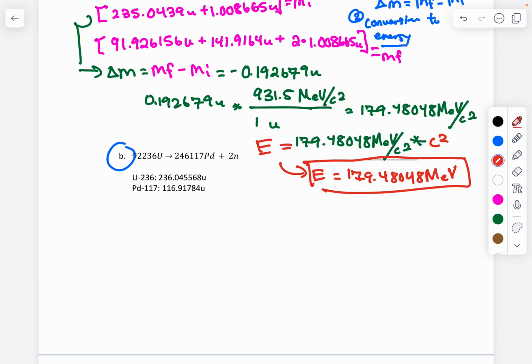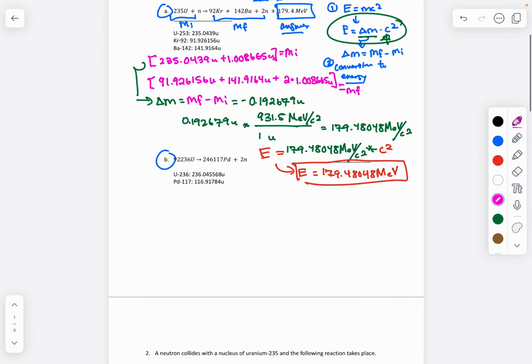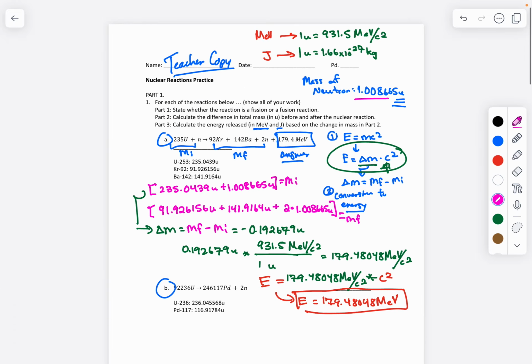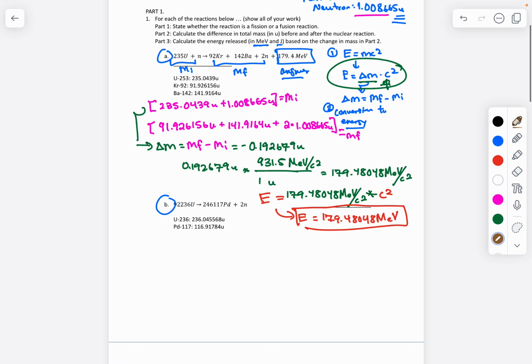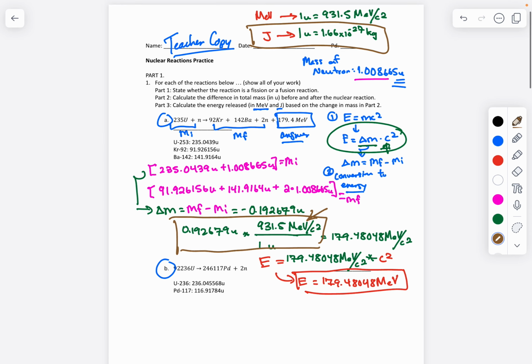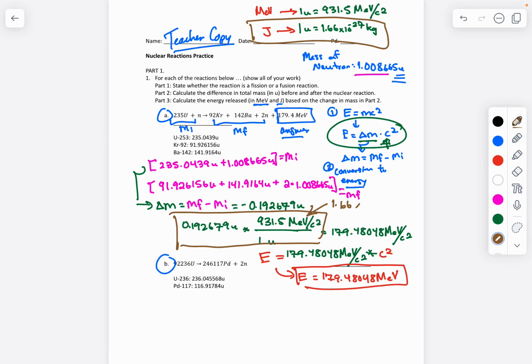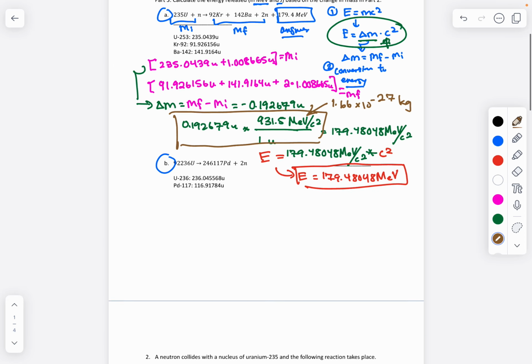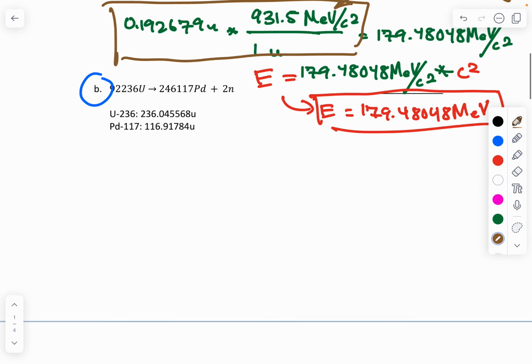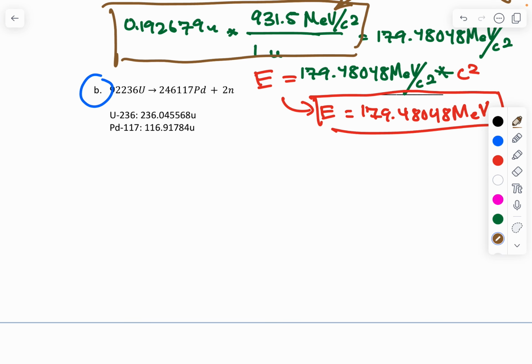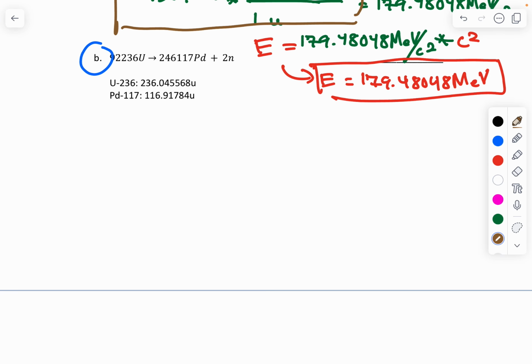Now this is only in mega electron volts, so we have to do the other one. You can do basically the same thing over here, but instead of mega electron volts, you use 1.66 times 10 to the negative 27 kilograms. Or there's another method, which I'm going to use because it's a little bit easier.